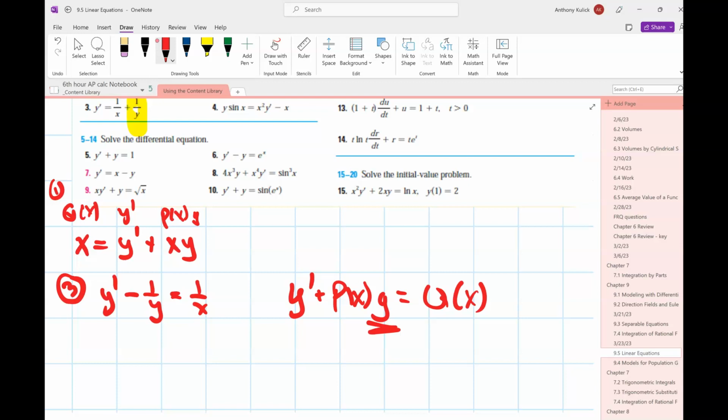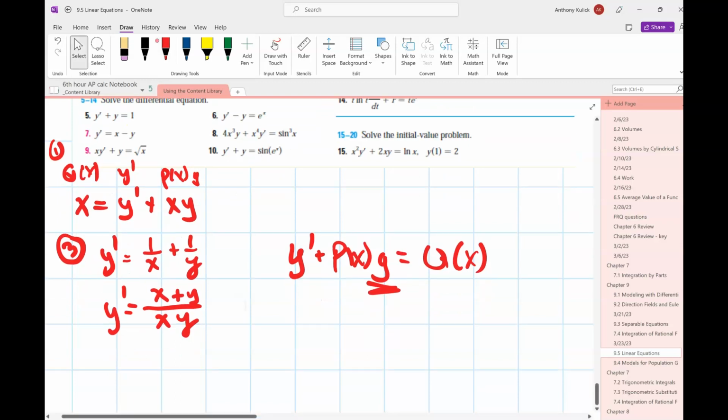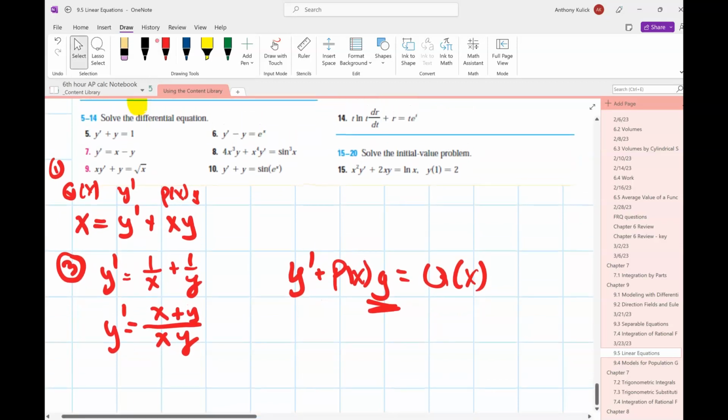So to get a regular y, what would I do? Well, hold on, I have an idea. I don't know if this will work or not, but let's just try it. This might still work. I haven't looked at the answer here. What could I do here with 1 over x plus 1 over y? What if we made a common denominator and added the fractions? And then I could multiply both sides by xy.